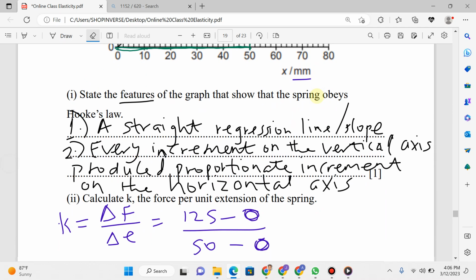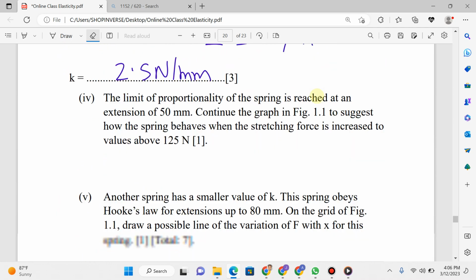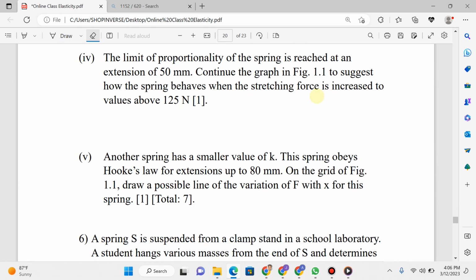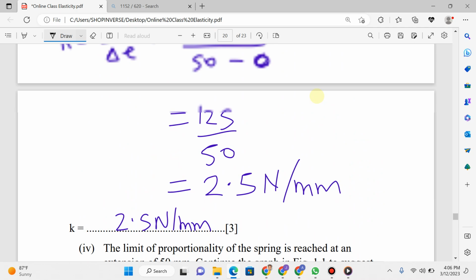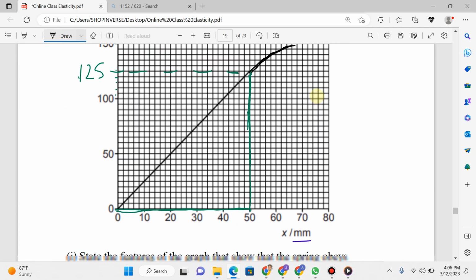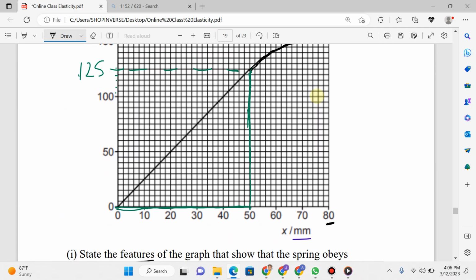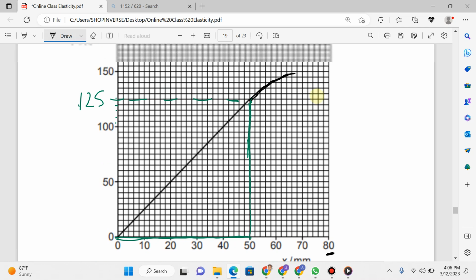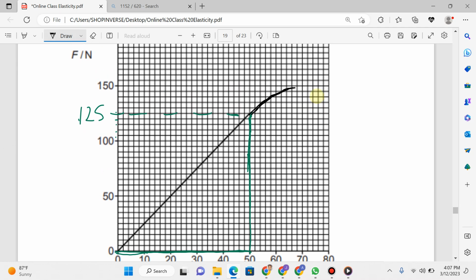And let me see what you have here. Where is 80? The spring obeys Hooke's law for up to 80 millimeter. That means we have a straight line up to 80 millimeter, and if you look at the graph, the end is 80 millimeter. So we have a straight line up to the end of it. So you can just draw a straight line like this. No, I have to erase that end of it.